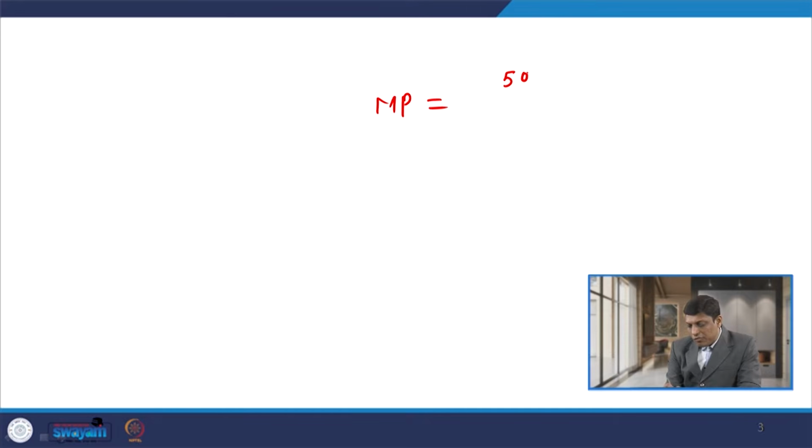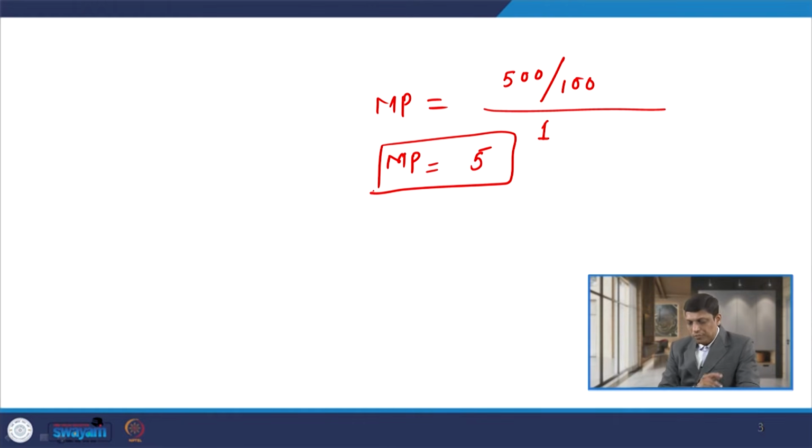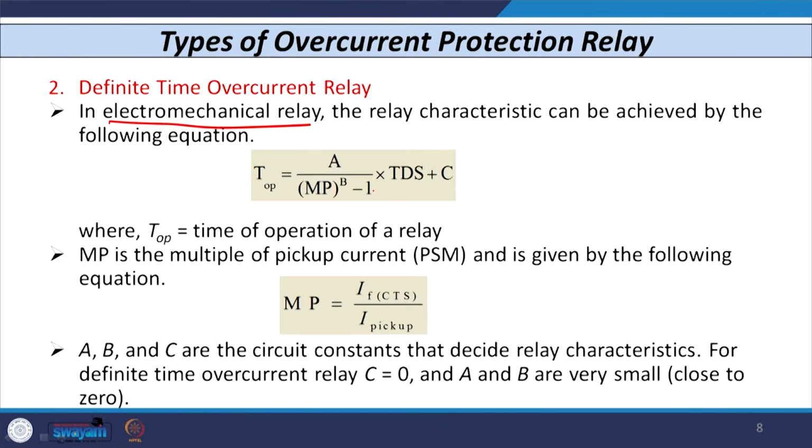The fault current is 500 ampere, referred to the secondary side with CT ratio 100 by 1, divided by the plug setting of the relay, that is 100% of the relay rated current. Let us say the relay rated current is 1 ampere, then the plug setting is 100% of 1 ampere, that is 1 ampere. So, the multiple of pickup current comes out to be 5 in this case. In this equation, the multiple of pickup current, that is the fault current on the CT secondary side divided by the plug setting, is calculated like this.